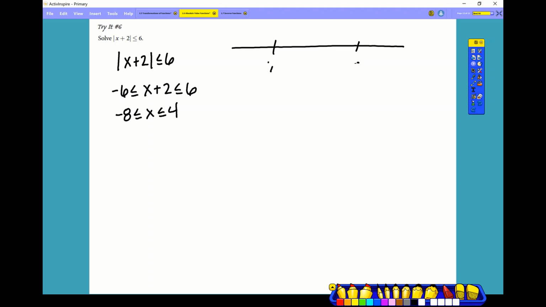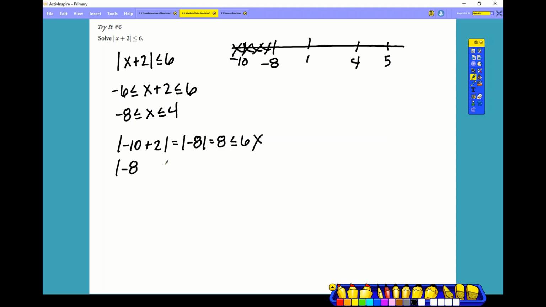Creating a new number line, guys. Negative 8, 4, this can be 1, this can be 5, this can be negative 10. Okay, so negative 10 plus 2 equals negative 8, which equals 8. Is that less than or equal to 6? No, it's not.